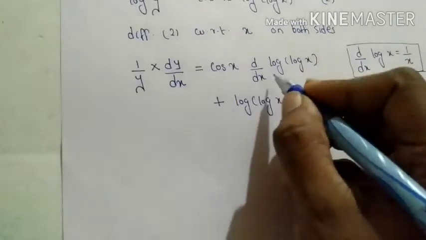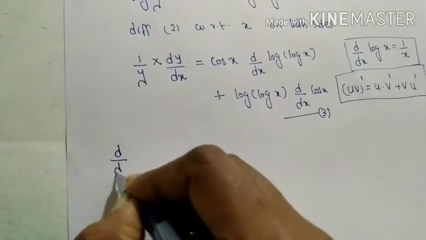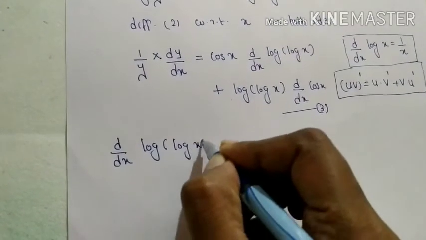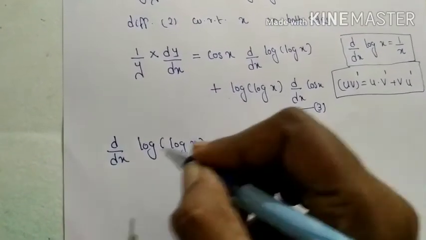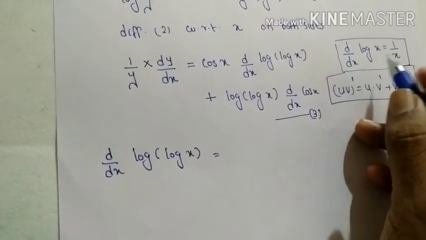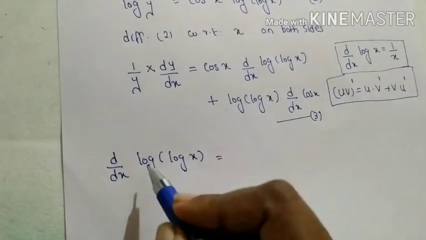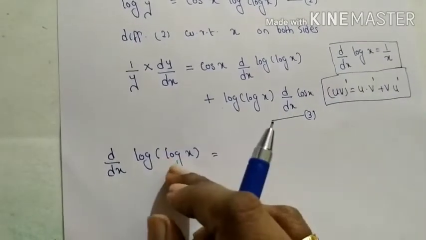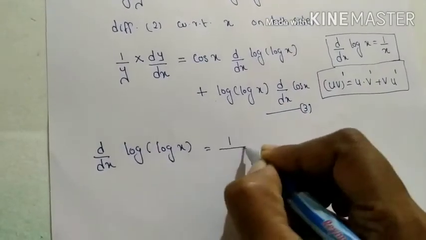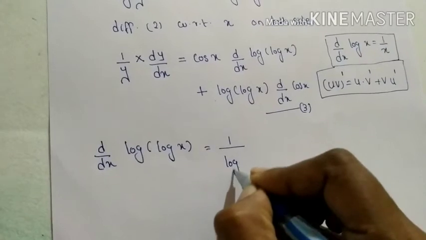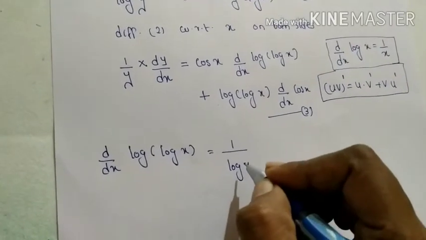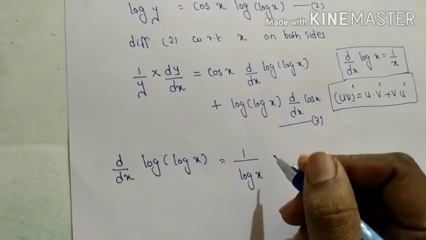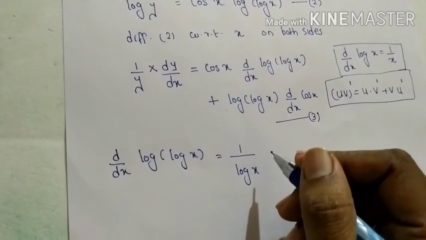First of all, we need to calculate the derivative of log of log x. So we know that the standard derivative of log x is 1 by x, but here x is replaced by log x, so we get 1 by log x. Here log x is again a function, so a chain rule is again used.